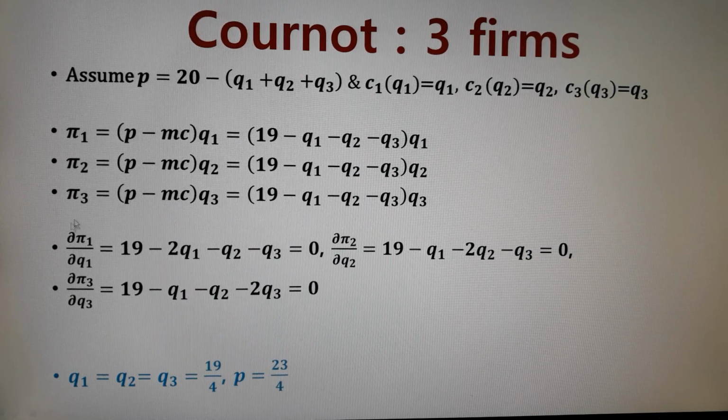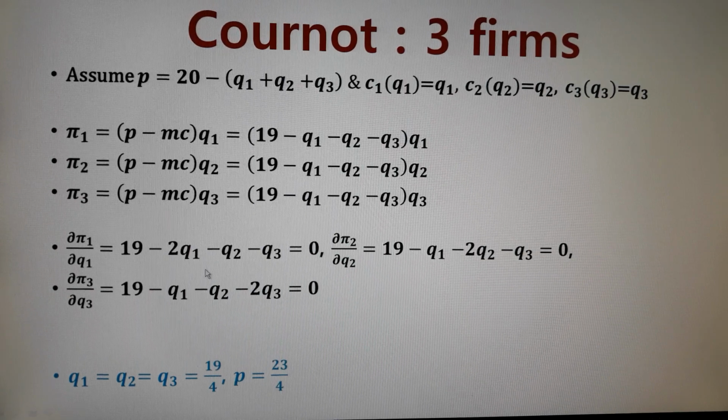Once again, we have to find the first order condition. We differentiate pi 1 with Q1, pi 2 with Q2, pi 3 with Q3, and set them all to 0, because the first company can only control Q1, the third company can only control Q3, and at the maximum, the slope would be 0. So 19 minus Q1 minus Q2 minus 2Q3 is 0, and so on.